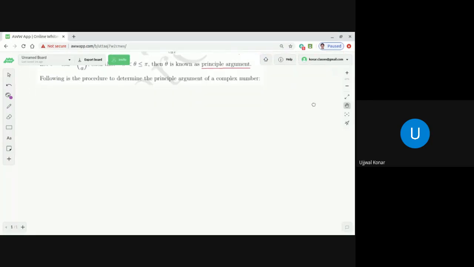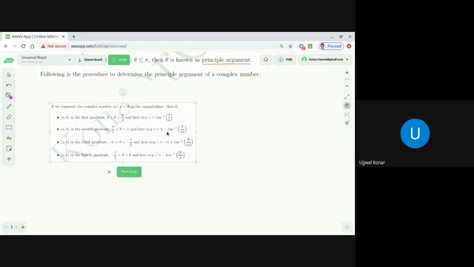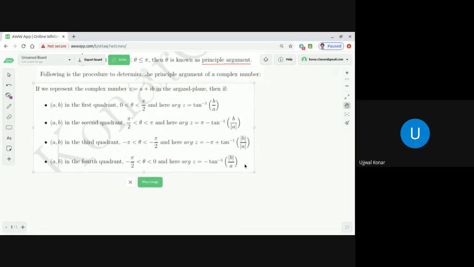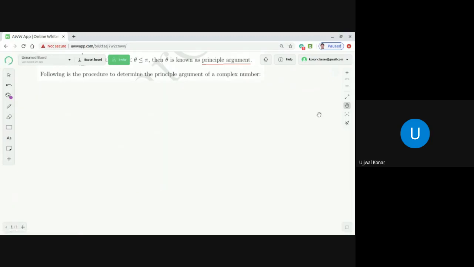So if we represent a complex number z is equal to a plus ib in the Argand plane, and then we find a, b in different quadrants, then we are going to find the argument something like this. Very important. This table is very important.